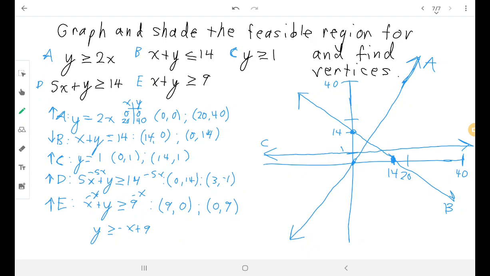And then D was 0, 14 right there. And 3, -1, maybe I need to do a bigger number for that one. Let's see here. That was -5x plus 14. What happens if I do 4?